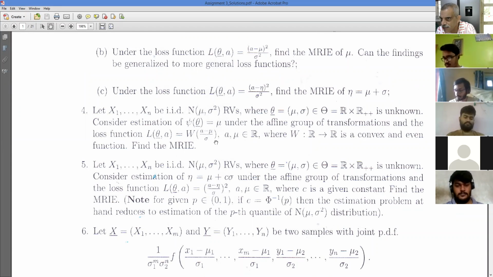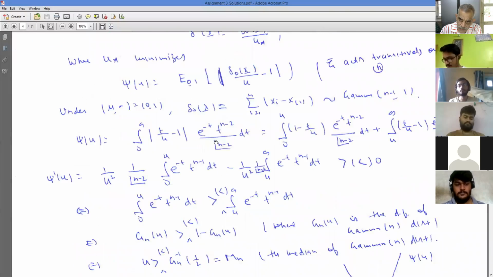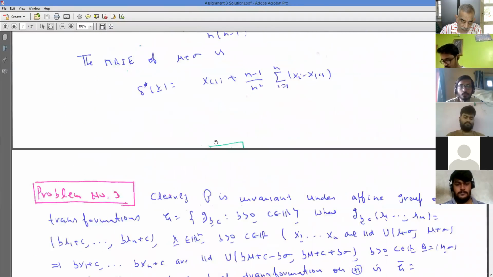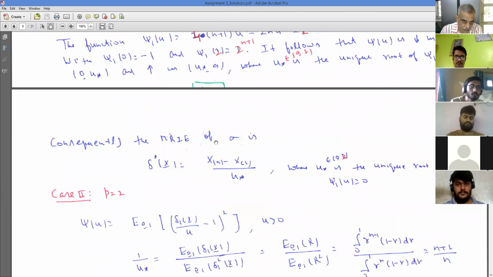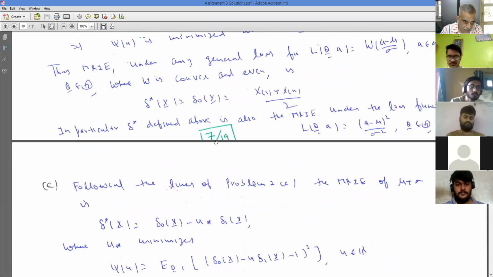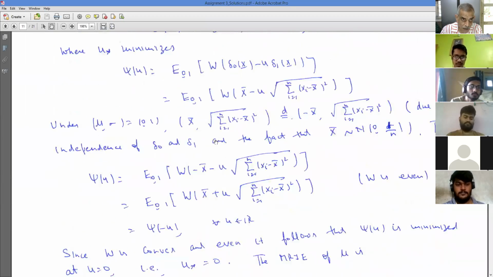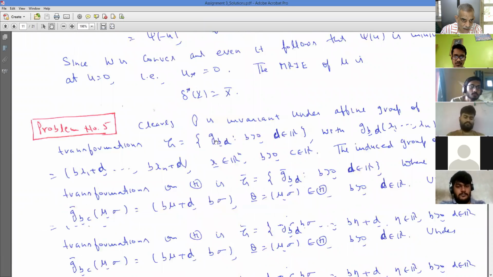I did this for the sigma known case, right? Yes, sir. So the sigma unknown case would be exactly the same. Let us try to see. Problem number 4 you are saying, right? Yes, sir. Oh, I missed problem number 4, it looks like. How did I miss problem number 4?